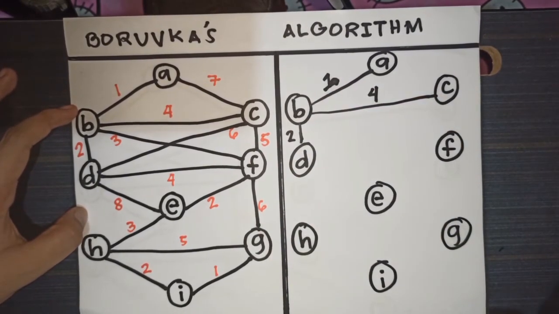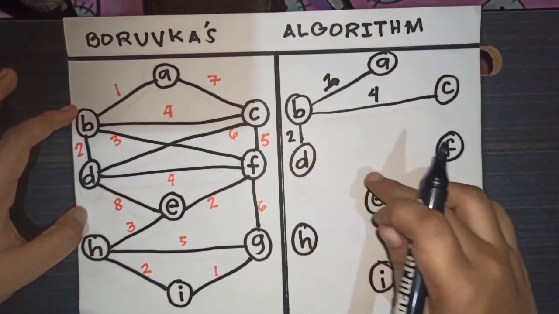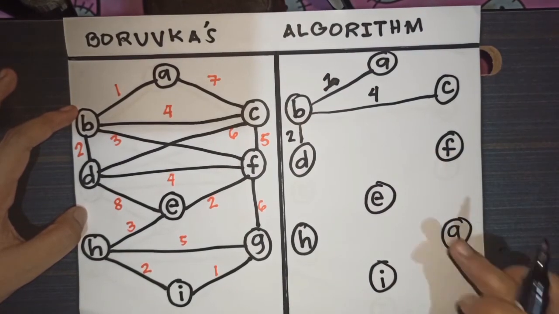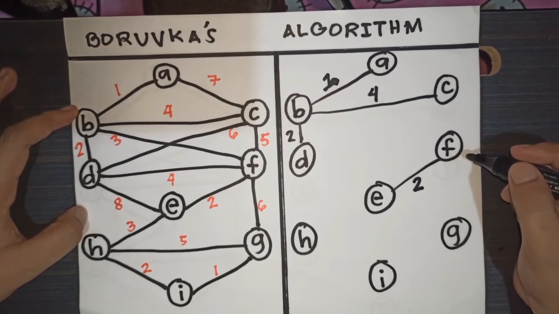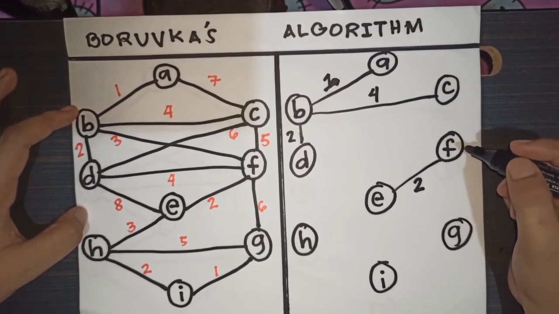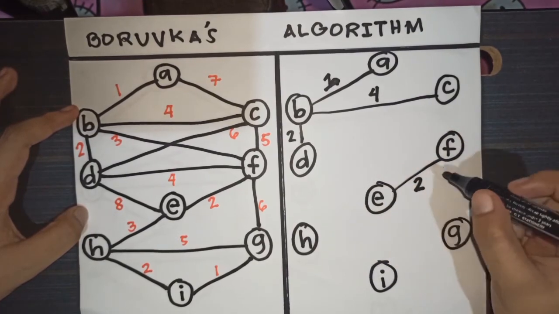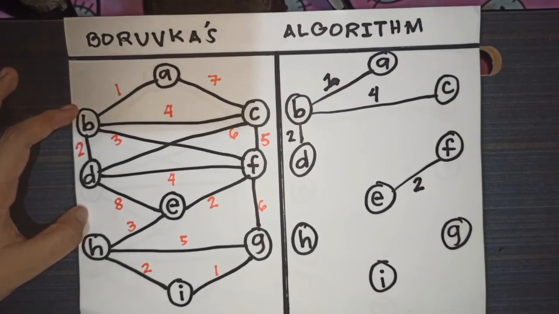Next component is E. We have E to D and E to F. So we are going to use E to F. For our component F, we have F to C, F to D, and F to E. We already added this edge, so we just use it again.